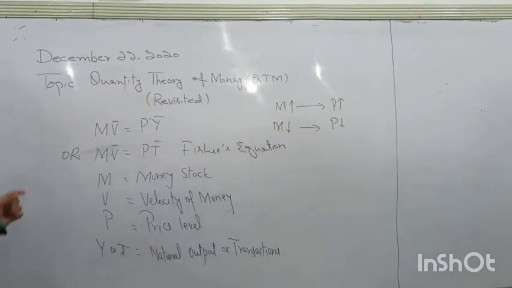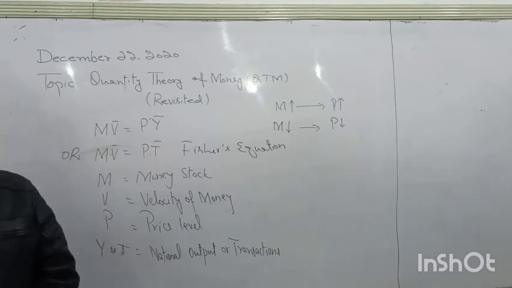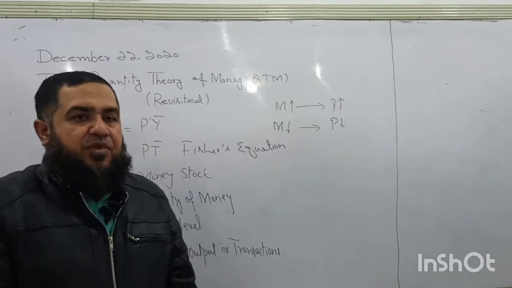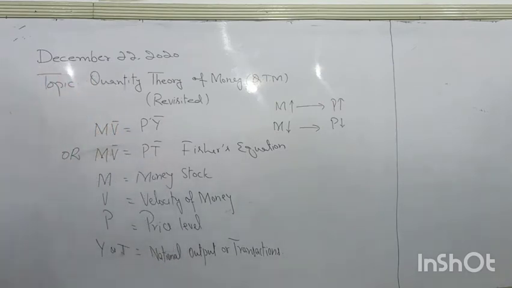Keep in mind, when we multiply money stock with the velocity, that will give us the total money supply in the country. So when we say velocity of money is constant, an increase in money will cause an increase in prices, or the general inflation rate will be increasing, and any decrease in money stock will be causing a decrease in price level. This is what we studied in our AS level.